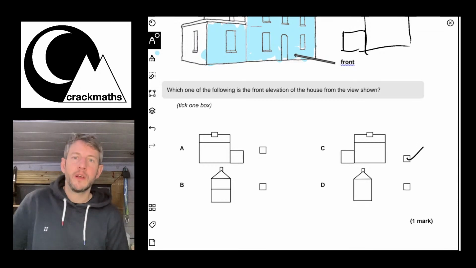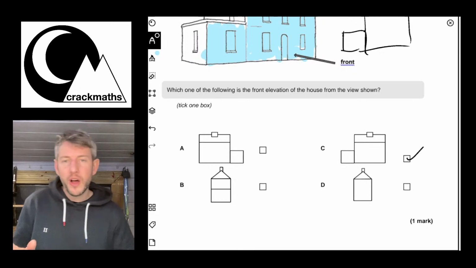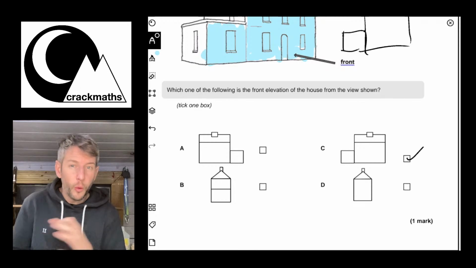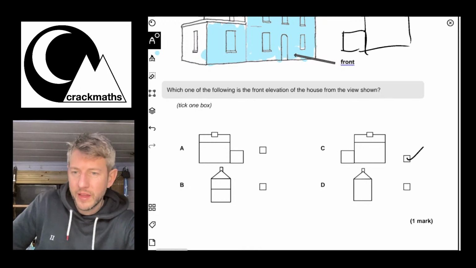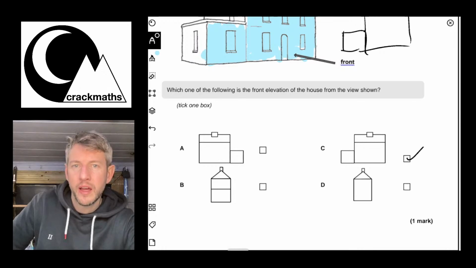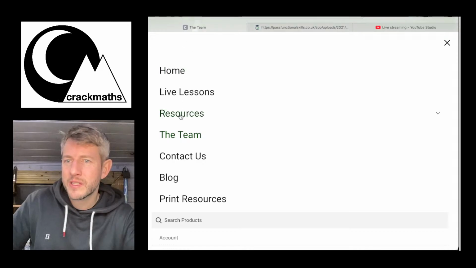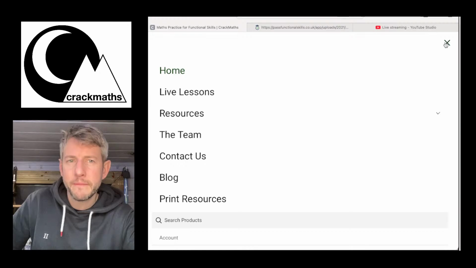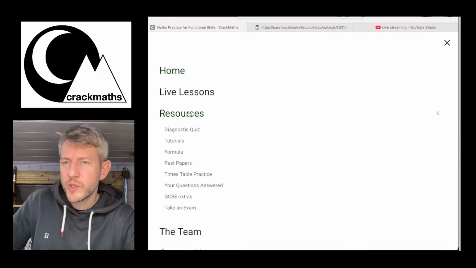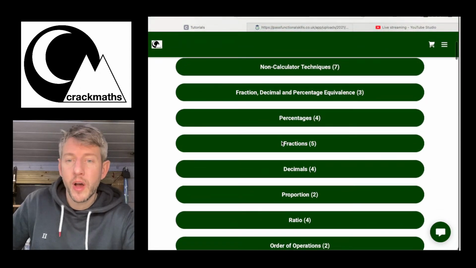Okay, C. Right. If you need any work on any of these topics, all of these topics are covered on the Crack Maths website, and I can quickly show you where they all are. So if you go to the Crack Maths homepage, and then go up here, we've got a bit that says resources, tutorials, and then we've got all of these things here.